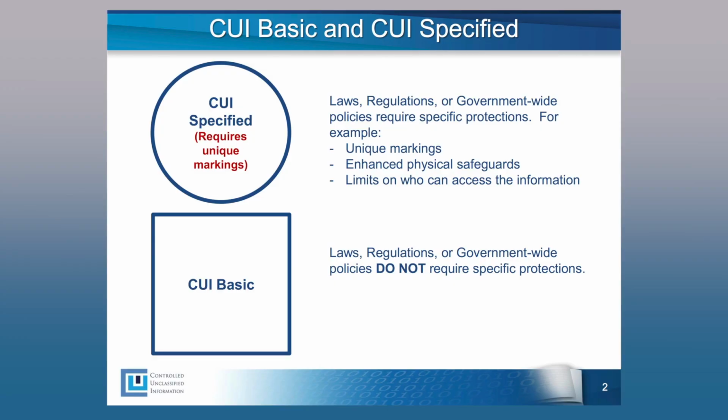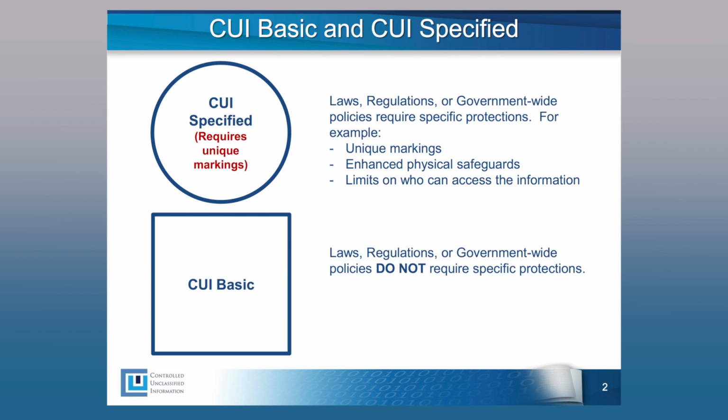First, I'm going to talk about the two kinds of CUI, CUI Basic and CUI Specified. CUI Basic is any category of CUI which a law, regulation, or government-wide policy says must be protected, but doesn't provide any further information about how to protect it.